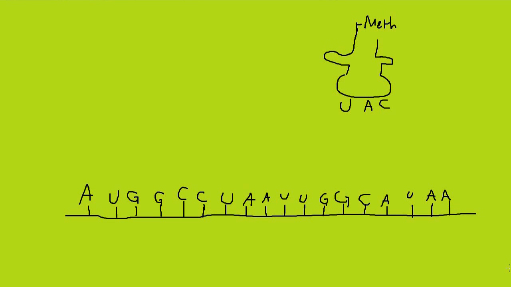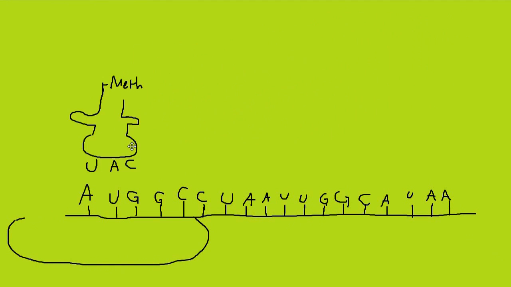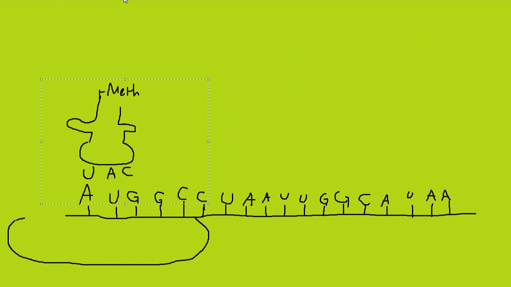Translation is the final stage of protein synthesis. This is facilitated by ribosomes. The first stage of this is the small subunit of the ribosome forms a complex with the mRNA template, the large subunit, and a transfer RNA molecule with a complementary anticodon. Now it's easier to explain that this is called the anticodon because it's the opposite of the codon here.